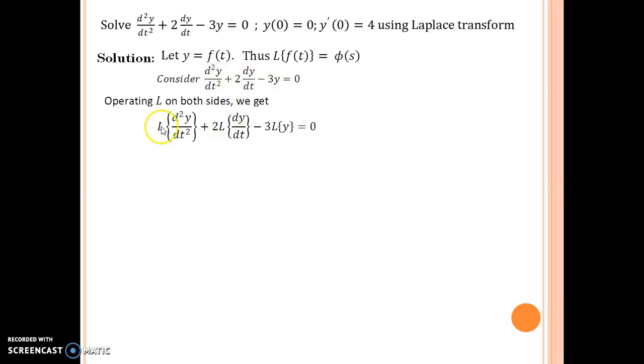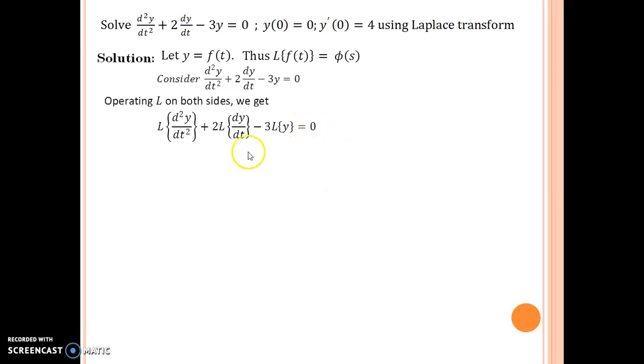It would look like this: Laplace operator on the first term, then the 2 will come out, and Laplace would operate only on dy by dt. Minus 3 would come out, and Laplace would operate on y, equals the Laplace of 0, which is 0.